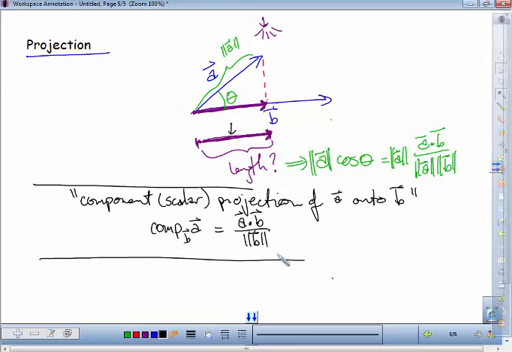Make B into a unit vector and then just multiply it by this, right?